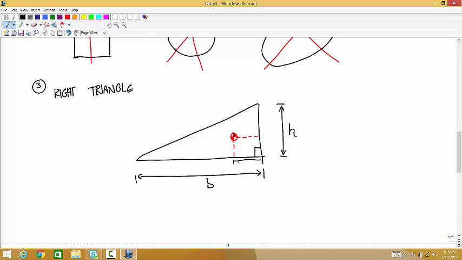Where this distance is B over 3, and this distance is H over 3.